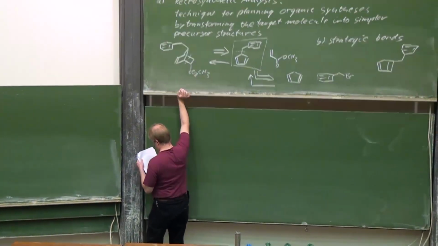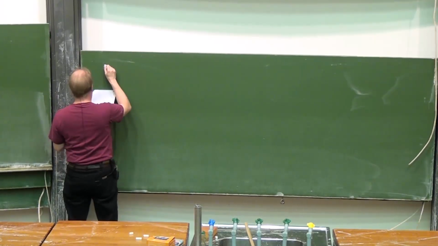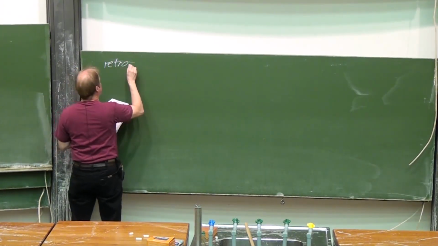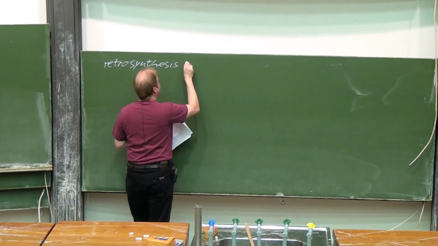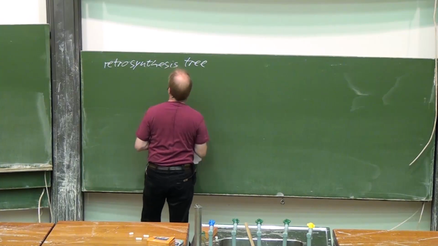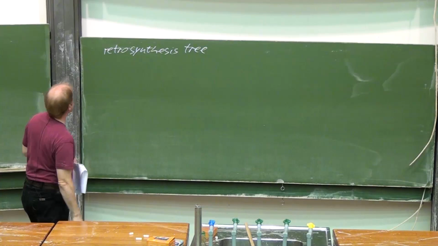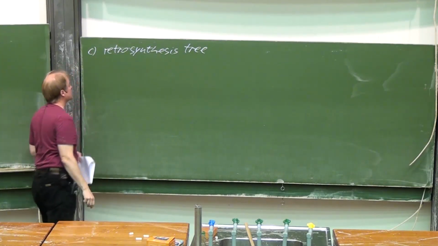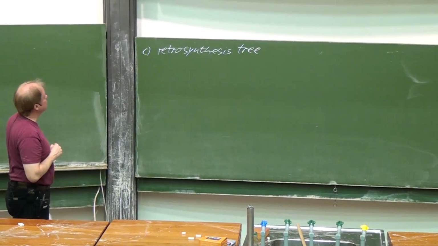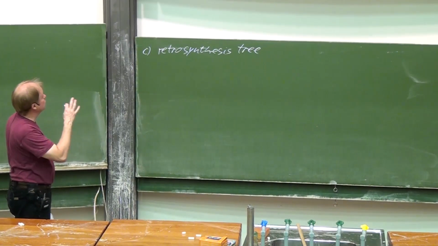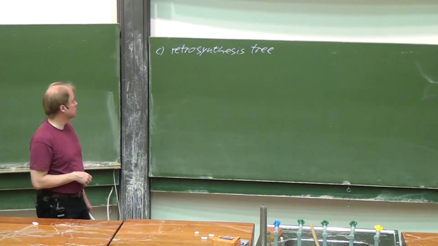So, next key terms. Well, a retrosynthesis tree. Call that C. Here for that target molecule, the retrosynthetic analysis was rather straightforward.